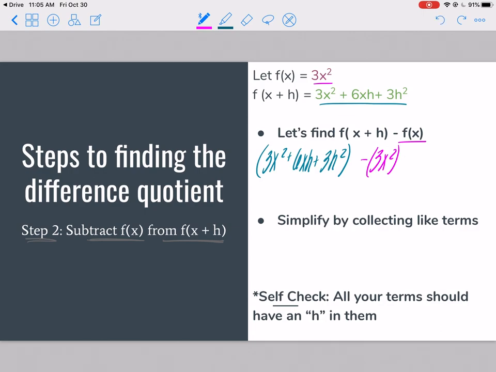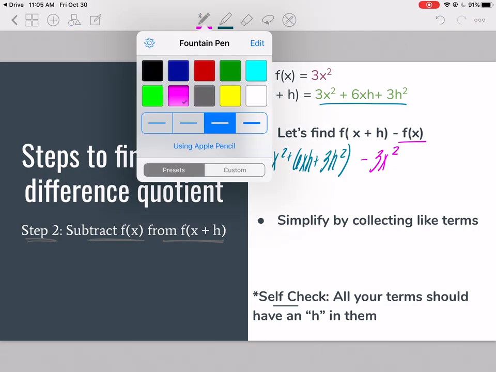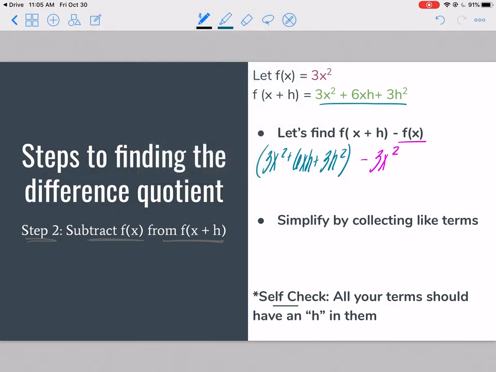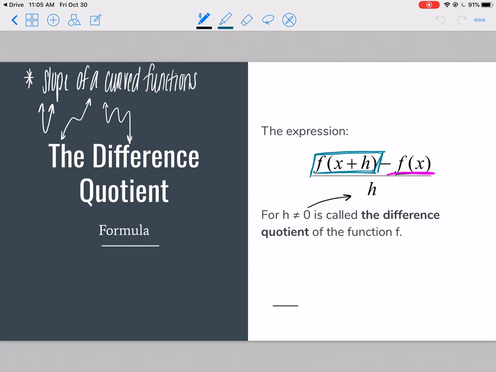So I always start out by writing parentheses, but here in this instance, because we don't technically have more terms, we don't really need those parentheses, okay? So I can get rid of those, and then I just combine any like terms. So 3x squared minus 3x squared, that simplifies, and I'm just left with 6xh plus 3h squared. Okay, so that's the numerator of the formula, is what I've just done.